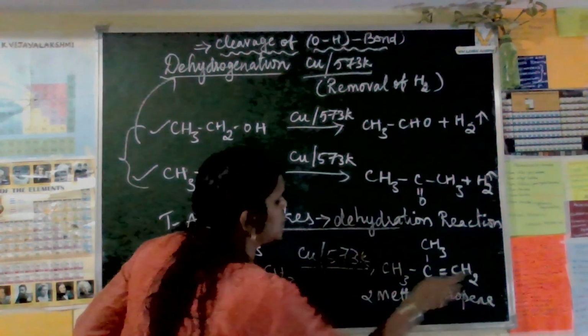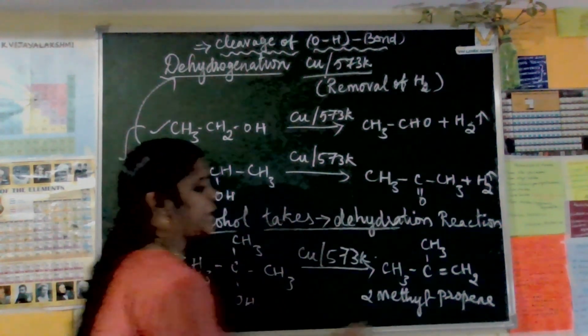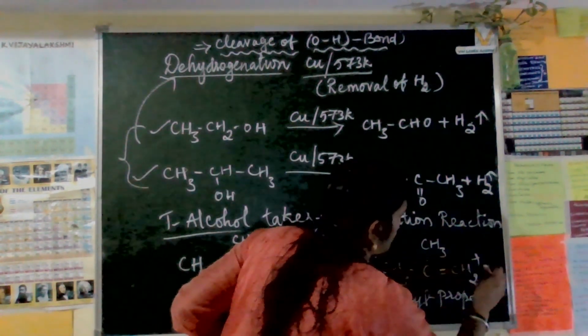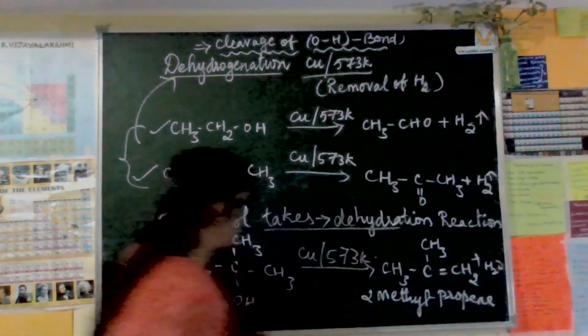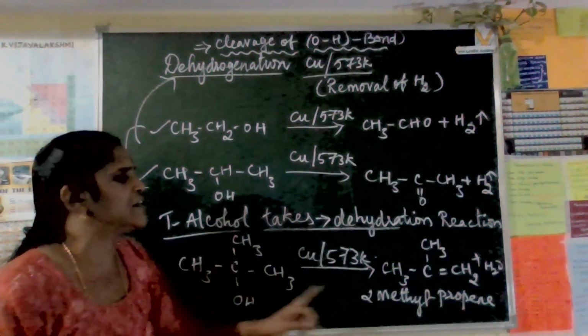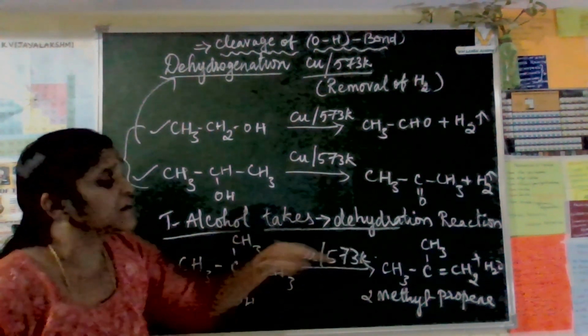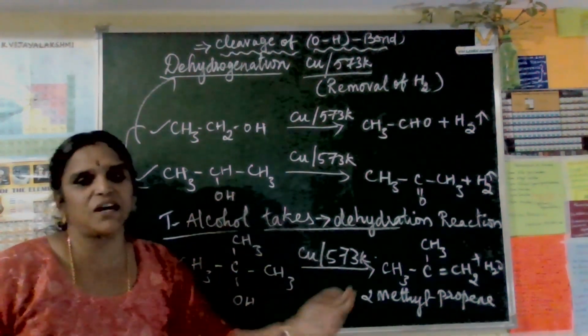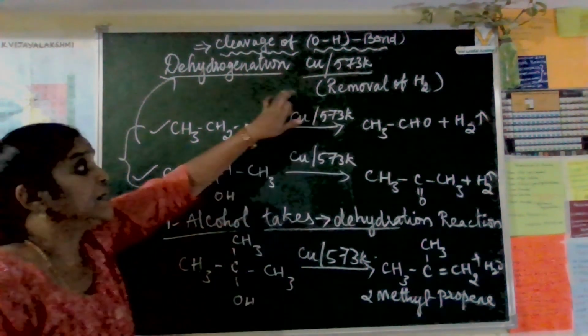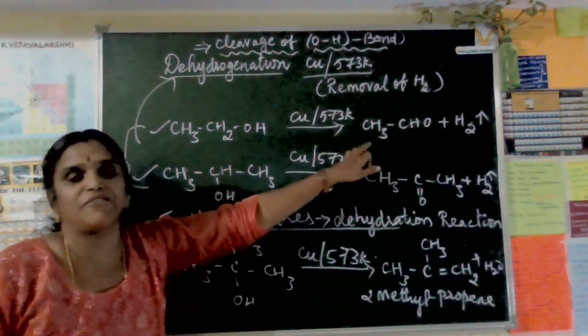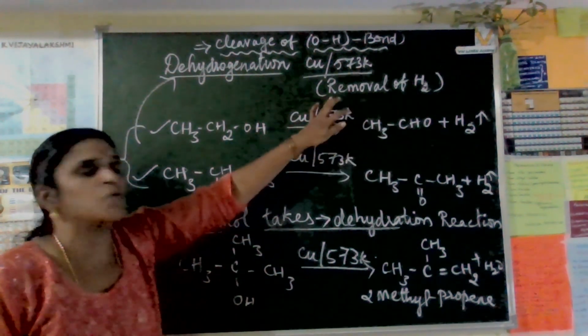See here, one, two, three, double bond, so 2-methylpropene. What is the other product? It is the water molecule, because this is dehydration. Dehydration means water removal, and dehydrogenation means hydrogen removal.